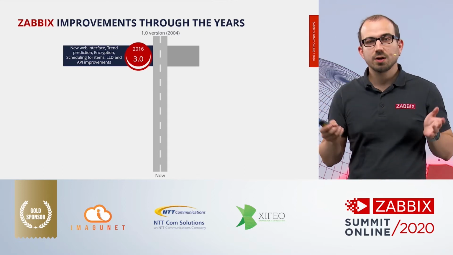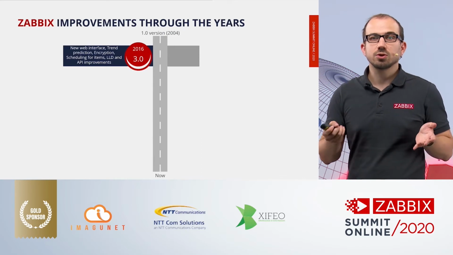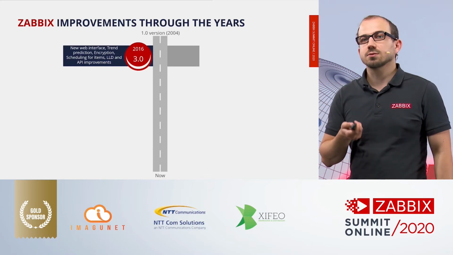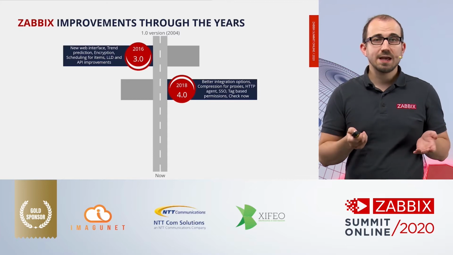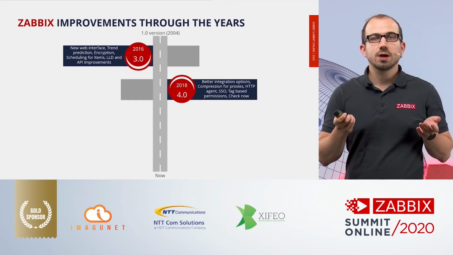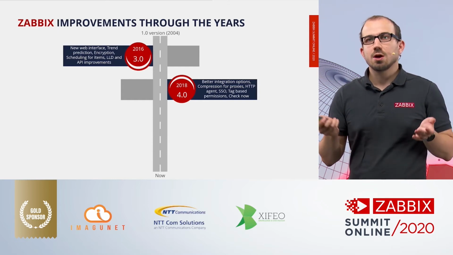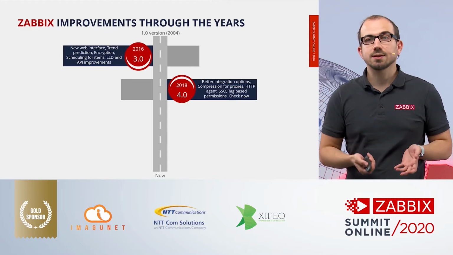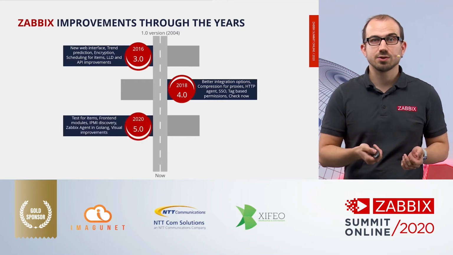And one of the biggest noticeable updates began in 3.0, when a new comfortable web interface, trend prediction, improvements to the scheduling, to the low-level discoveries, and a lot more were introduced. Then, not so long ago, 4.0 came out with better integration options, compression for the data exchange, tag-based permissions, and a lot more, including the Check Now button, which allowed you to check if your items work a lot faster.